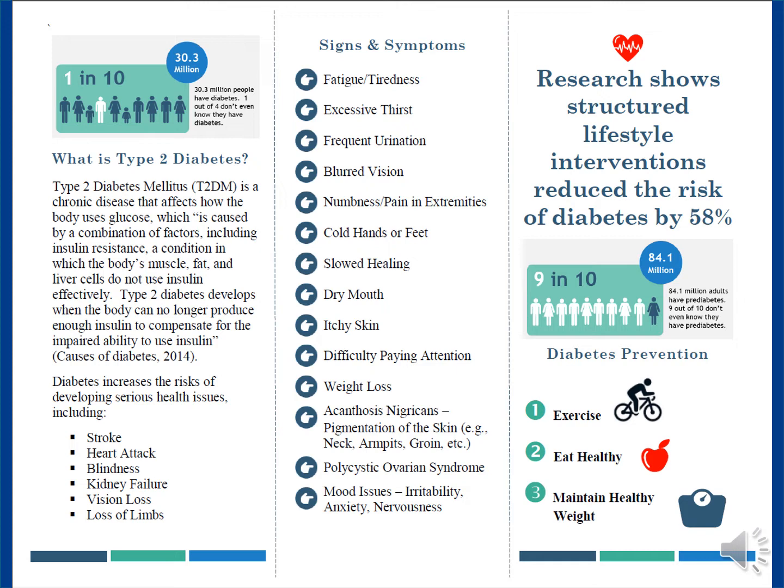Ways to prevent diabetes are by exercise, eating healthy, and maintaining a healthy weight. Exercise can be done at least 3 times a week, and there are many forms of exercise that we can do to prevent diabetes: walking, running, jogging, swimming, dancing, playing a sport.